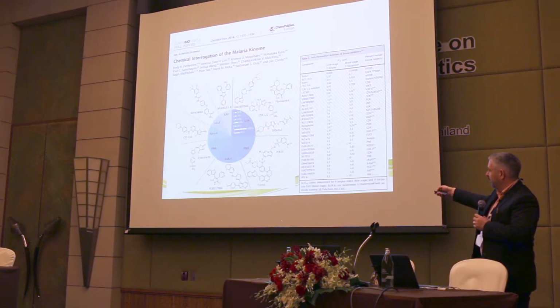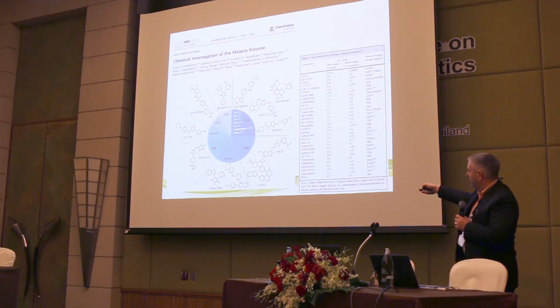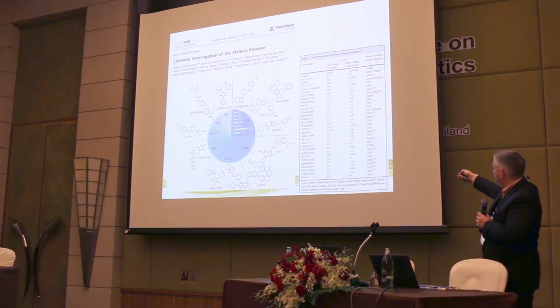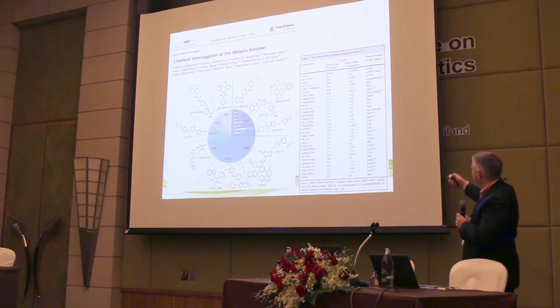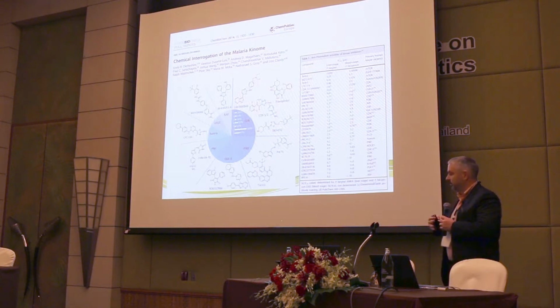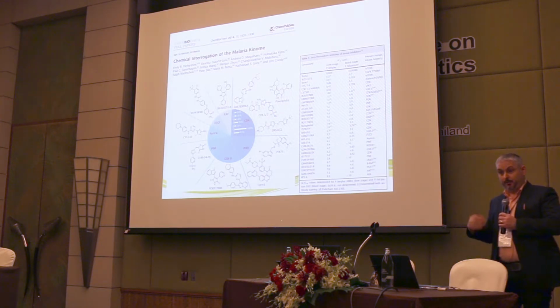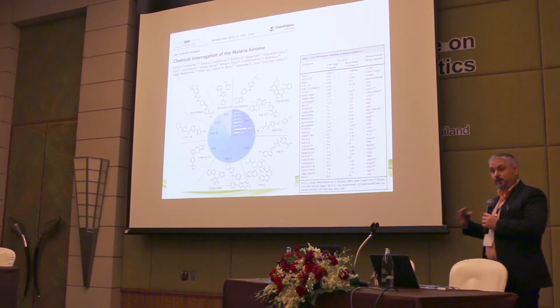So for example, we've got CDK, MAP kinase, GSK, MAP kinase, and then Aurora, VEGFR. So there's some JAK kinases in here, JNK, MAP kinase. So there does seem to be certain distinct classes of kinase compounds and particular human kinases that appear to be important.